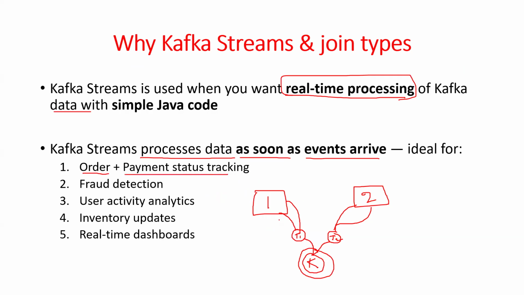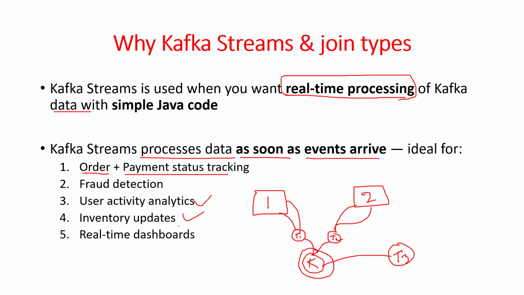Once I receive both events, then I can merge and publish data to another topic, maybe this is topic 3. This particular topic is useful for fraud detection events, user activity analytics information, inventory updates, real-time dashboards. Using this concept, we can use Kafka Streams here.